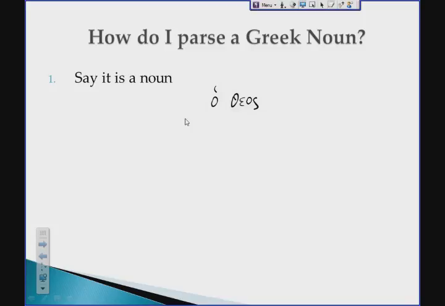A simple verb. God. Okay, created. Akouei, God. Akouei o theos adelphon. Let's use an indefinite.